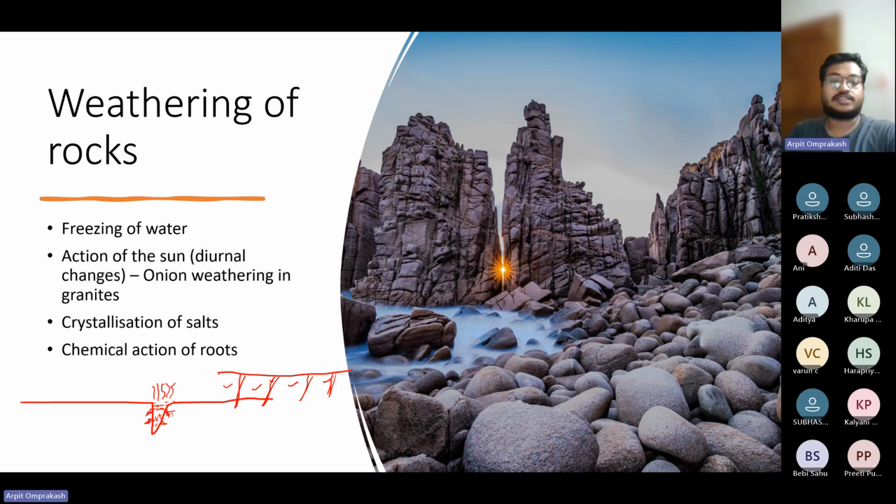So salts and stuff get deposited here, and as these depositions tend to grow more and more, they tend to crystallize with the action of the sun. So these crystals tend to become bigger and bigger over time, and they exert forces on these rocks that also lead to formation of cracks.